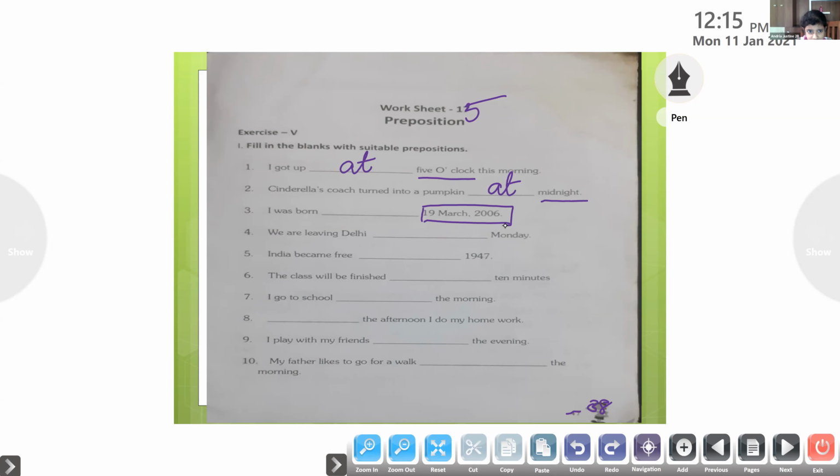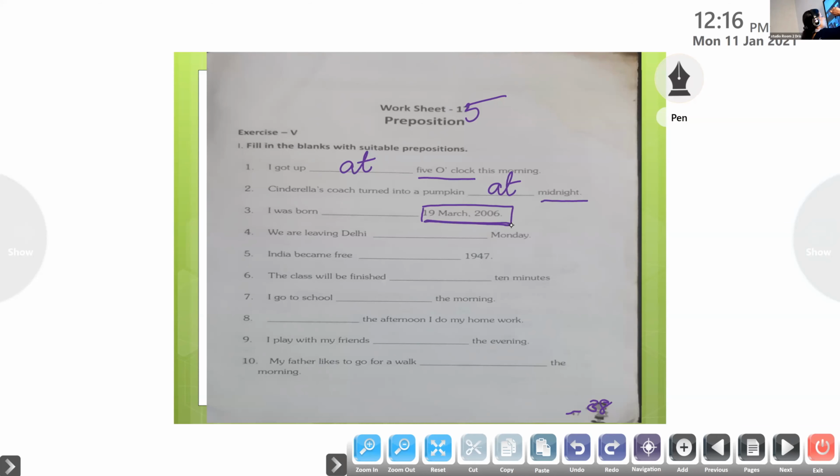It is a date. So which preposition we have to use here? Normally before dates, which preposition do we use? Come on, tell me which preposition. Which preposition do we use before the date?